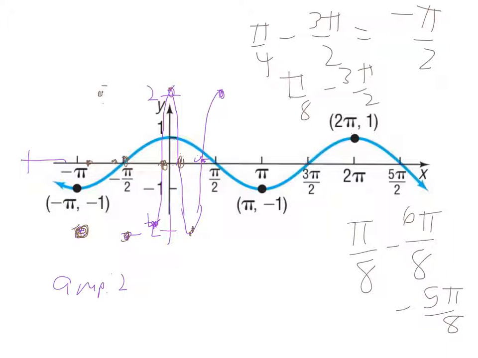So this point here at 3 pi over, I believe that's 3 pi over 8. That'd be at negative 3 pi over 8. And this point here at pi over 2, minus 3 pi over 4. That'd be at negative pi over 4.